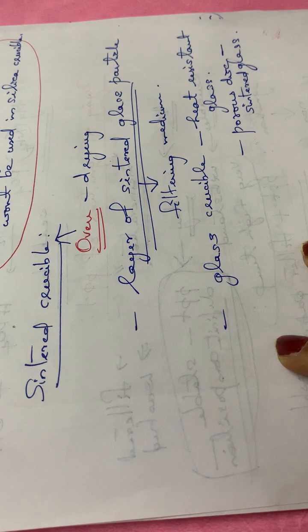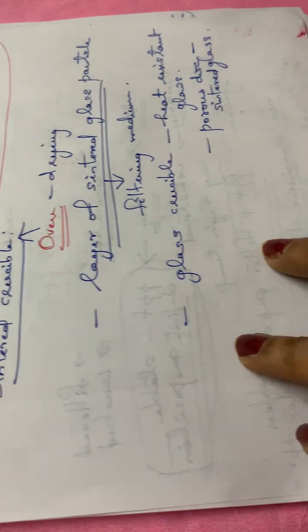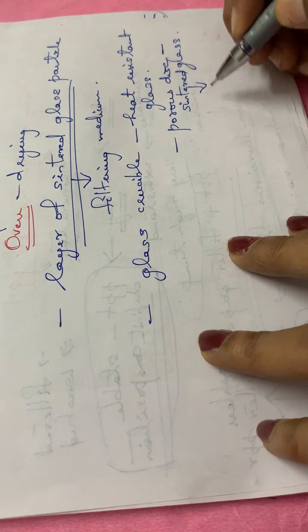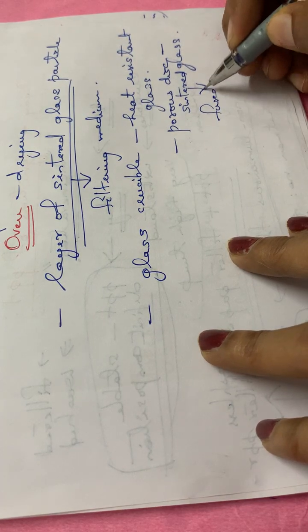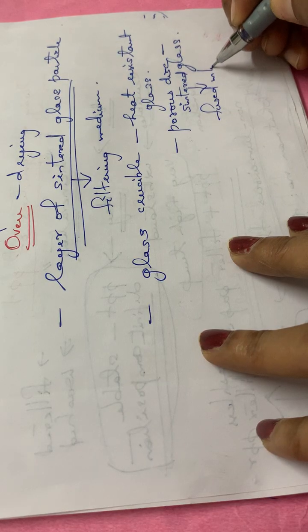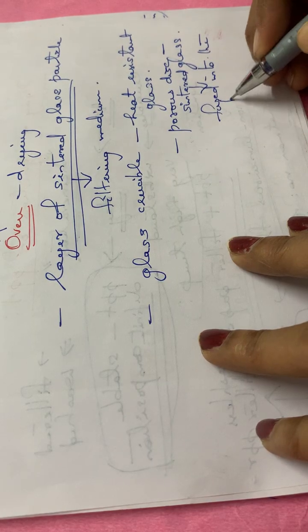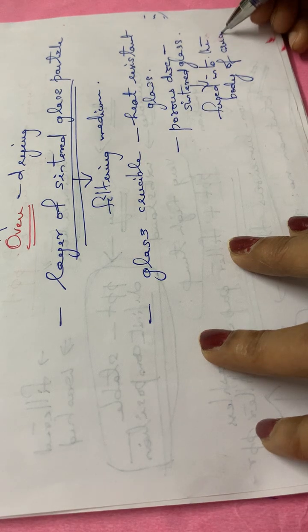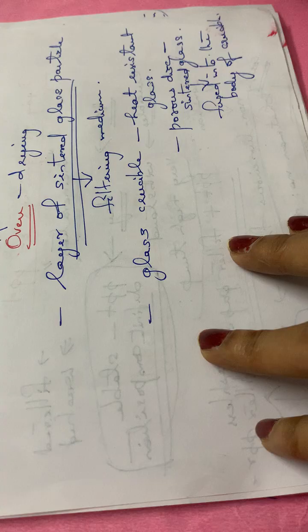The glass used is a heat resistant glass and also a porous disc of sintered glass. It is fused into the body of the crucible.